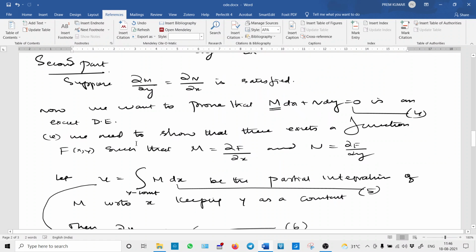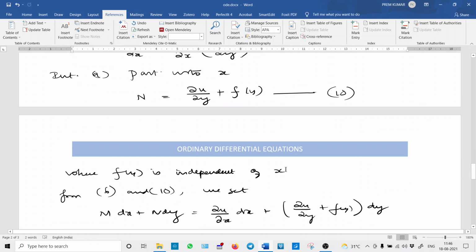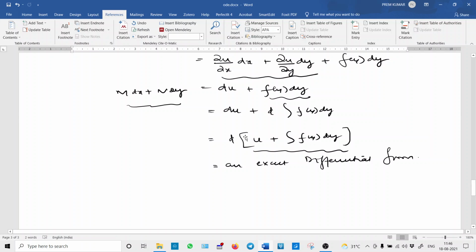So we need to show that there exists a function F such that M equals ∂F/∂x and N equals ∂F/∂y. See, this is my function, u plus integral f of y dy. This is my F. So what is dF?